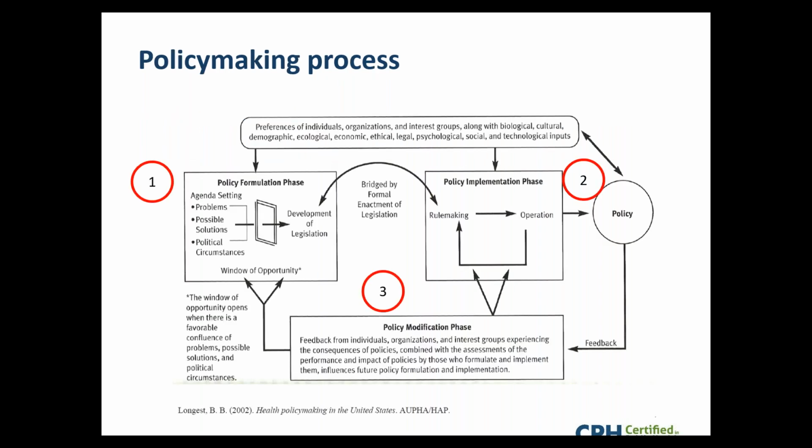So in summary, the policy-making process is just a 1, 2, 3 steps. It's a cyclical process of identifying a problem, creating solutions, and when a political circumstance lines up, called a window of opportunity, you can develop that legislation. Then it becomes law. The law must be implemented through regulations, rules, ordinances, to become policy.